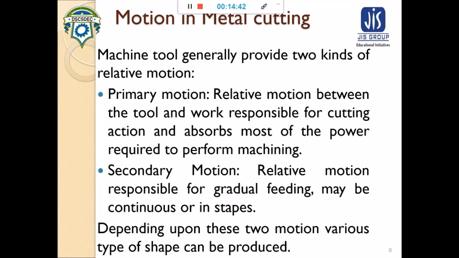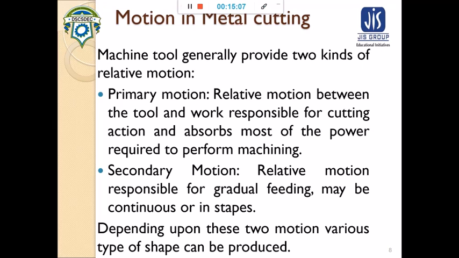In the case of turning in a central lathe, what happens? The chuck is rotating in a circle. The cutting tool touches the edge of the workpiece, and feed motion is given.